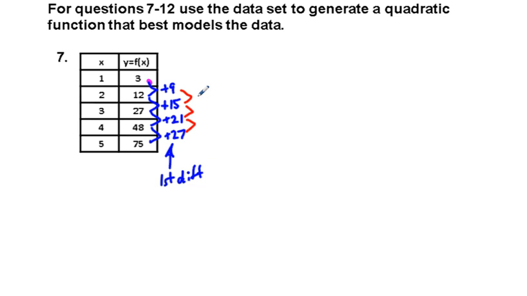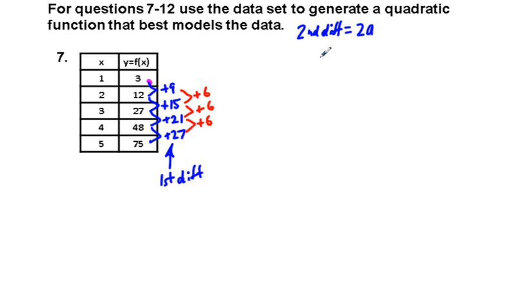Okay, we have 15 minus 9 is going to be plus 6. And then 21 minus 15 is plus 6. 27 minus 21 is plus 6. So according to the rules of creating quadratic functions, our second difference is equal to 2a.